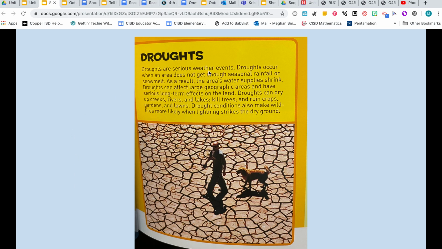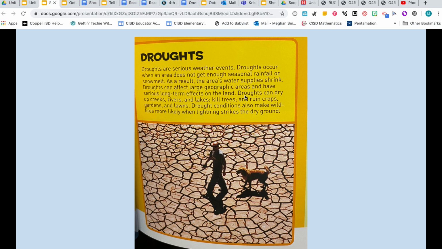Droughts are serious weather events. Droughts occur when an area does not get enough seasonal rain or snow melt. As a result, the area's water supplies shrink.